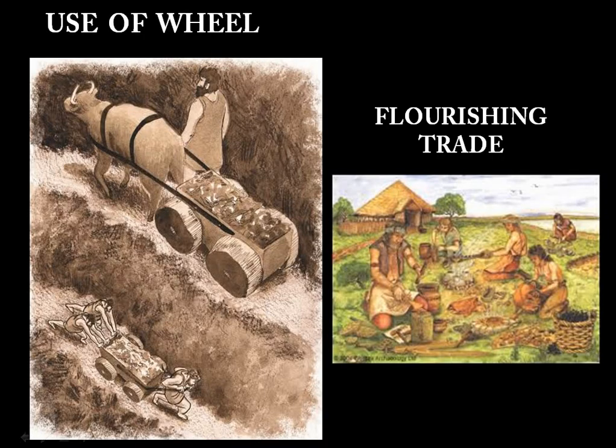Increase in production due to various skills, the use of the wheel, flourishing trade, use of well-developed scripts, etc. were the major factors responsible for the rise of the early civilizations. These civilizations came into existence in roughly the same period, that is around 3000 BC, in 4 regions of the world.